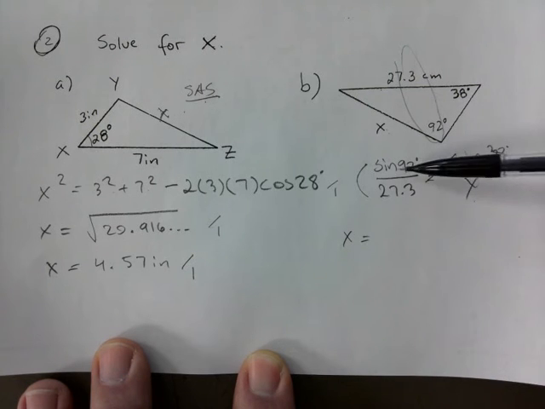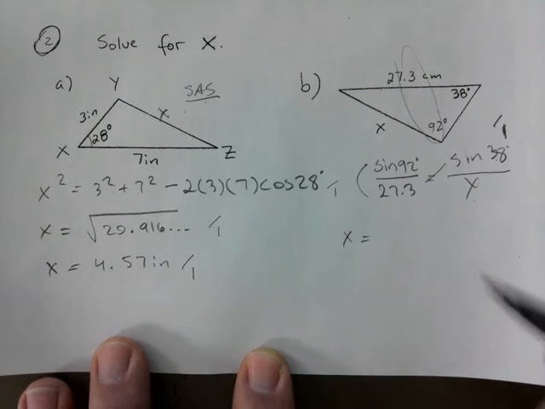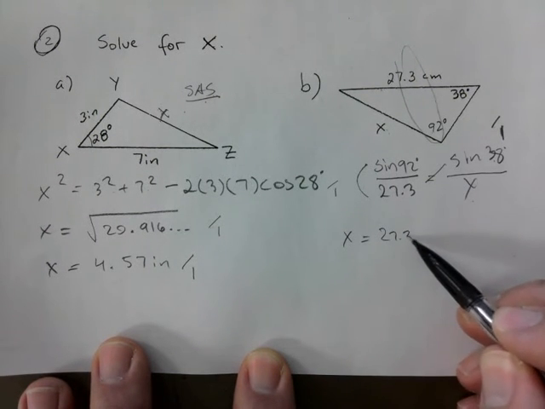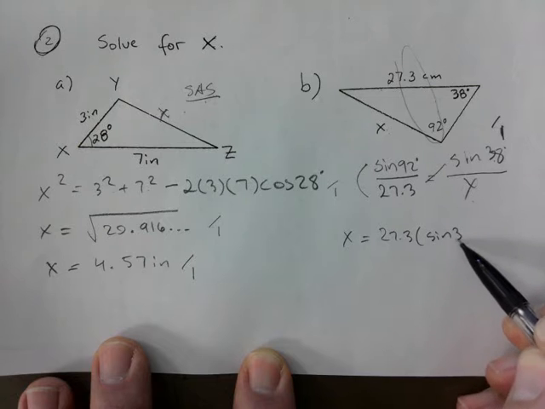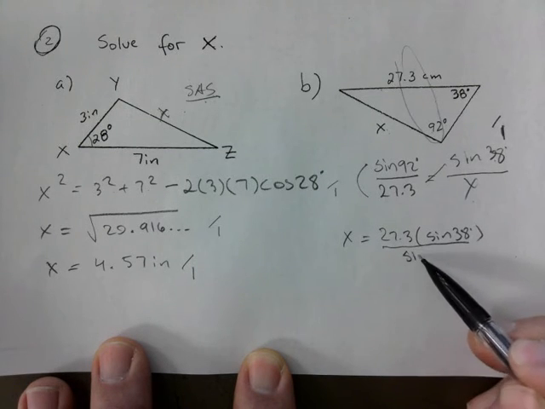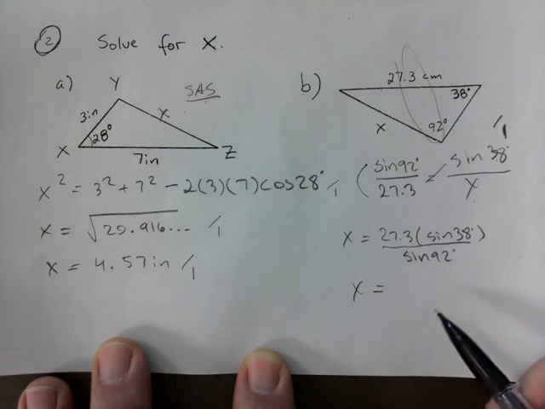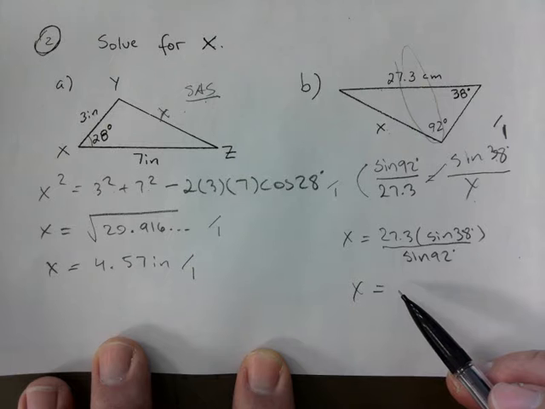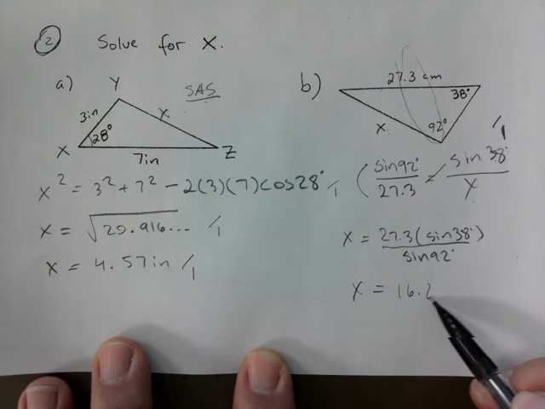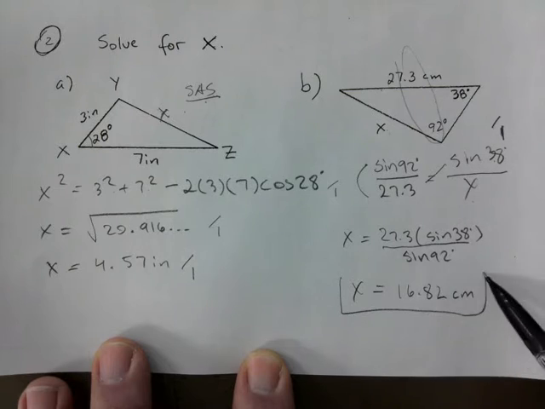By the way, if there's sine law, if you set it up like this, you get 1 mark already. 1 mark for that. And then it's 27.3 times sine of 38 divided by sine of 92. So here's where a good calculator is going to be your friend. And your answer is 16.82, and we're finding a side, so it's centimeters.